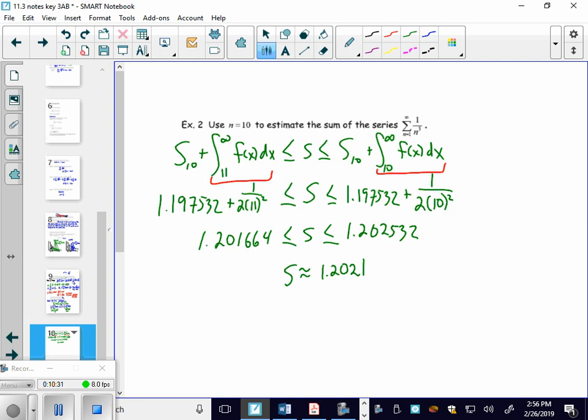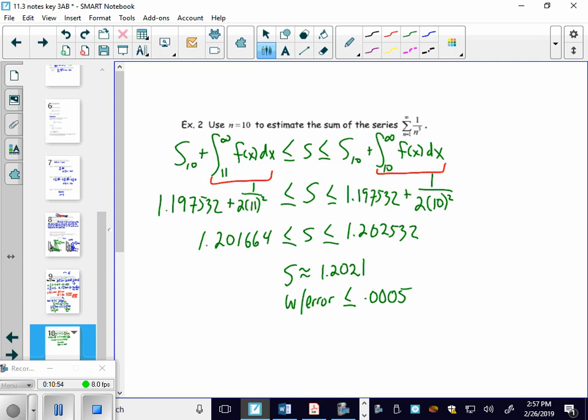And if you take 1.2021 and subtract the left side, or you take the right side and subtract the sum, you would find that the error is less than 0.0005.